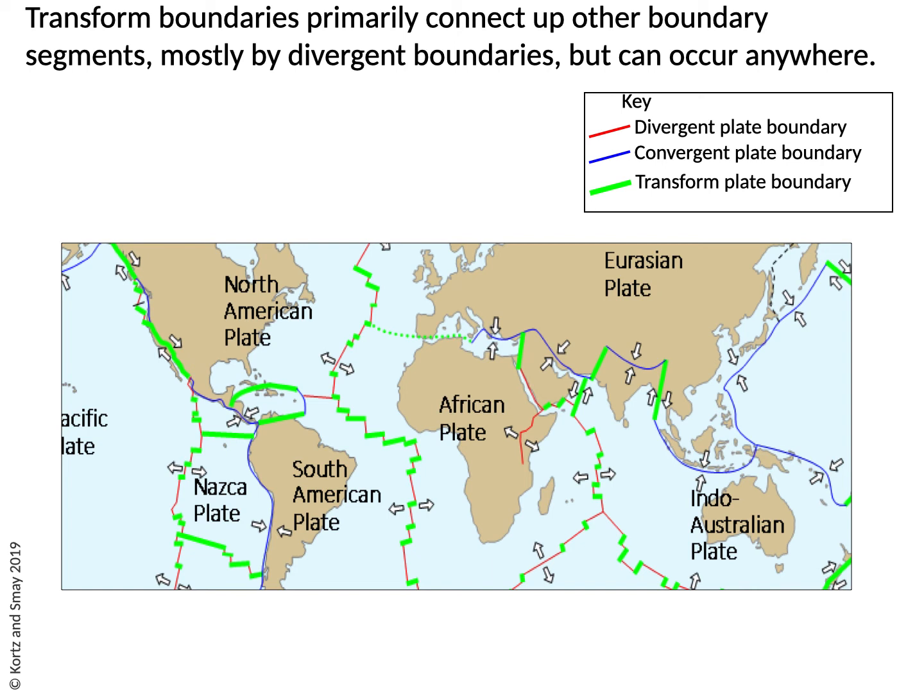So a lot of times we think of transform boundaries as kind of the link up areas where, because of the way the plates are moving in certain locations, plates are not directly converging and they're not directly pulling apart, but they're kind of having that side-to-side motion. And that's usually the case, although you might notice there's some swaths where there's very long areas of transform plate boundary segments, and so those are maybe the anomaly.